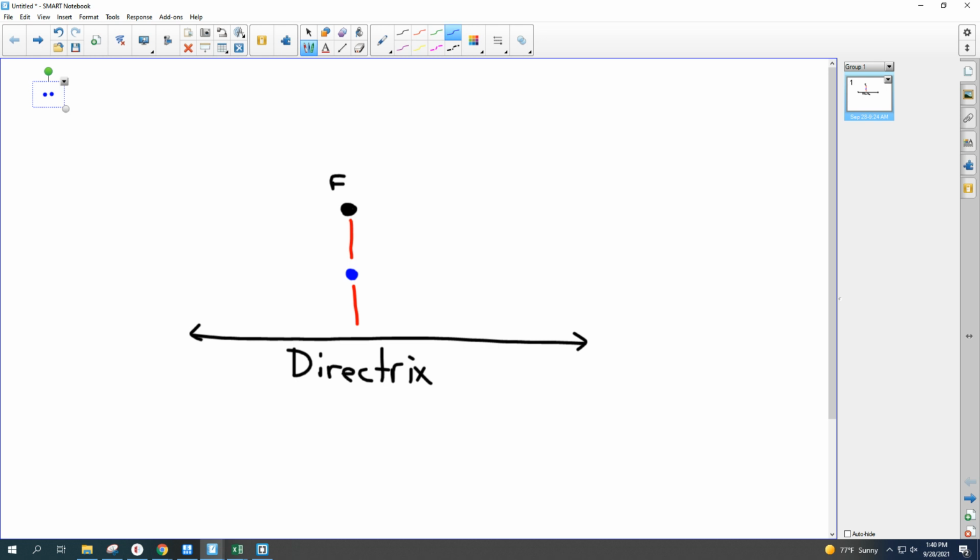But take some other point, like right here. The distance here and the distance here are supposed to be the same. And right here, the distance here and the distance here are the same. And so you just keep making points. There are all these points such that the distance to the point and the distance to the directrix are the same.